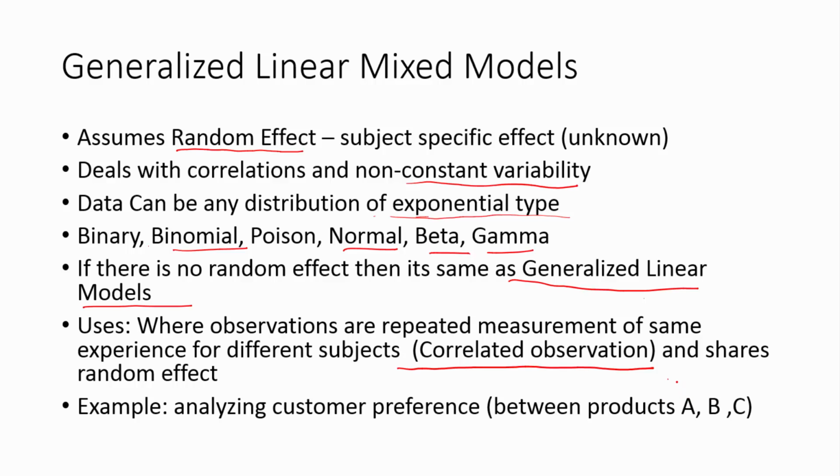There are three subjects here, three different products. The customer satisfaction or customer preference could be totally because of some specific characteristics of the products. That could have some specific effect known as the random effect. In this kind of example, we can go for generalized linear mixed models. In a separate video, I'll discuss how to build such a model, and I'll take an example and do it.